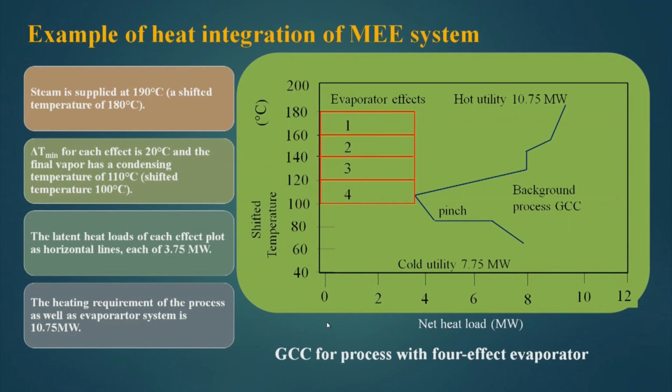The heating requirement of the process as well as the evaporator system is 10.75 megawatt. Now, if I am able to decrease this 10.75 megawatt, then I will achieve some profit. And let us see how this can be done.